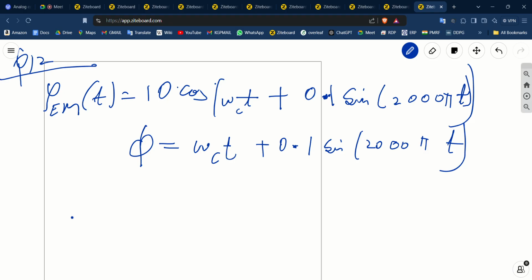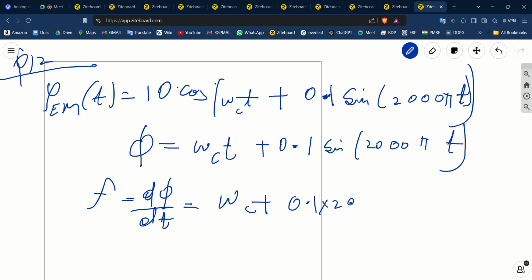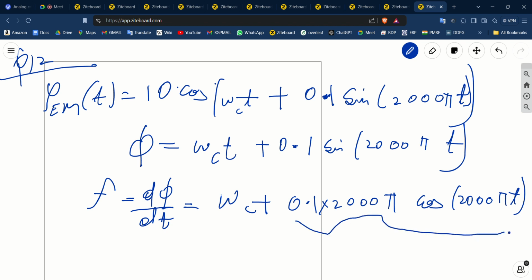So the frequency f will be given as d phi by dt, which is omega c plus 0.1 into 2000 pi cos 2000 pi t. So this extra term is the delta f, the carrier swing.